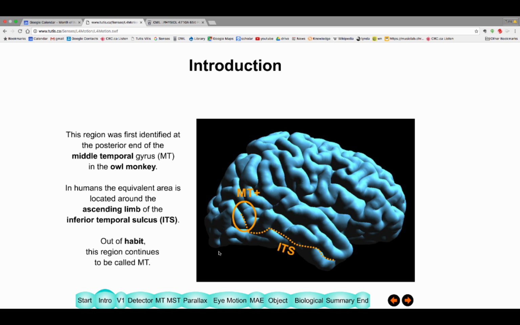That's your whole temporal lobe, and under here is where all your vision of objects is, and particularly faces. So this is a fold in the bottom of that temporal lobe, the inferior temporal sulcus. And as you head up here, at the very end of it, you find this area MT+. But of course, it's not called IT+, because we started naming it as MT.